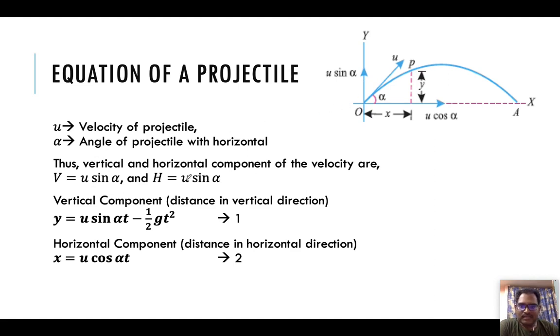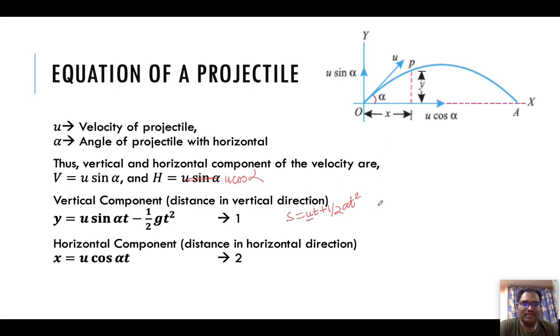So this again is u cos of alpha. Okay. Sorry. So for your vertical component, this formula comes from S equals ut plus half at square. Your u over here corresponds to the vertical component.